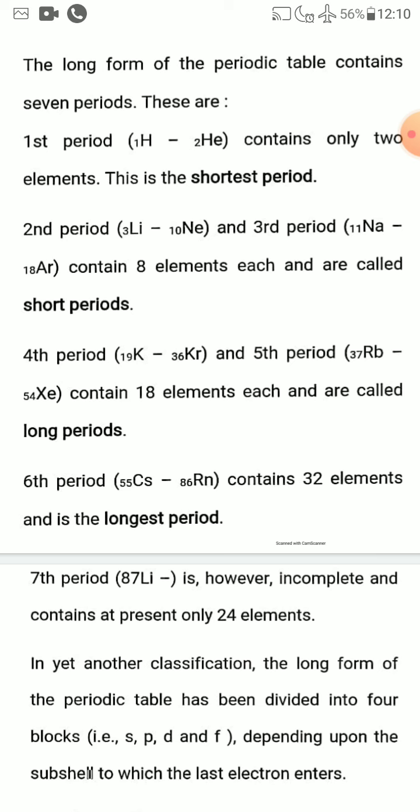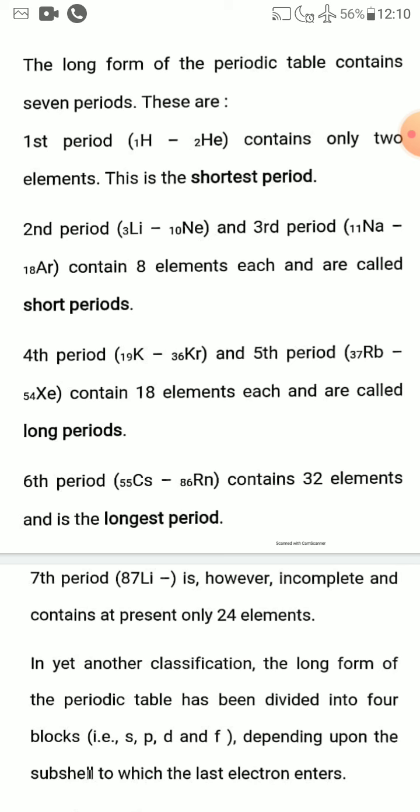The second period contains lithium to neon, a total of 8 elements, and the third period contains 8 elements from sodium to argon.